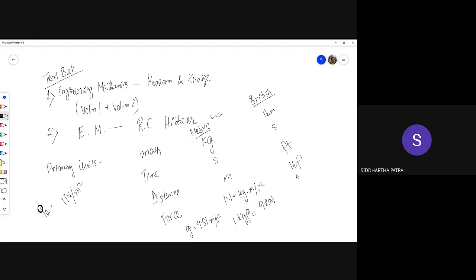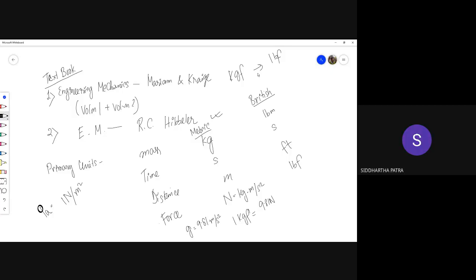Now, can you tell me what is the relationship between kgf and lbf? Which one would be greater? Pound force? See, there is only one thing that we still purchase in pounds. kgf is larger.